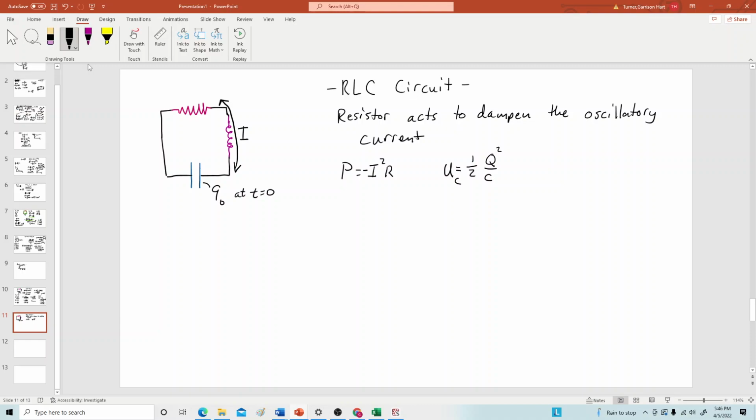And the energy in the inductor is going to be 1/2 Li squared.